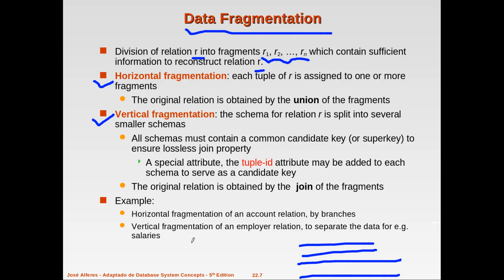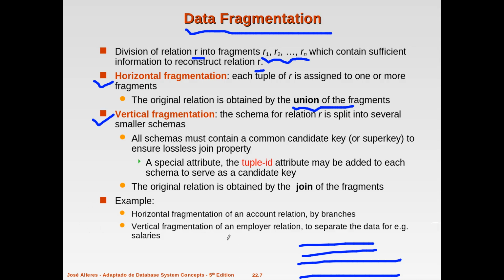Horizontally we are dividing the relation, and that is called horizontal fragmentation. When we need to get the original relation, we can apply a union operation on all the fragments which are created from the larger relation R.